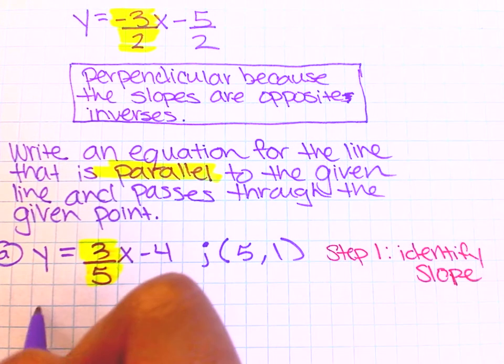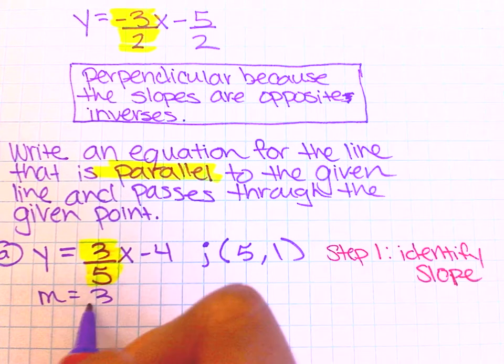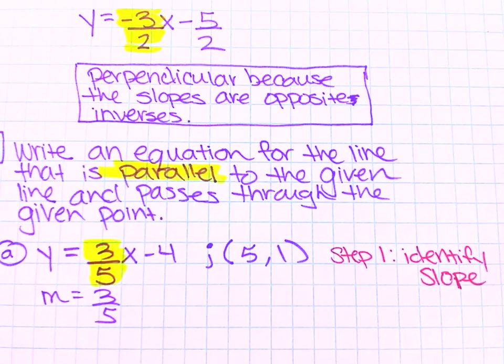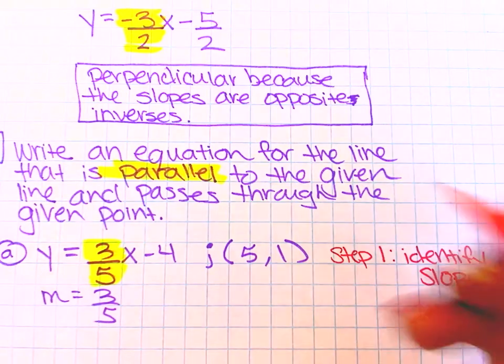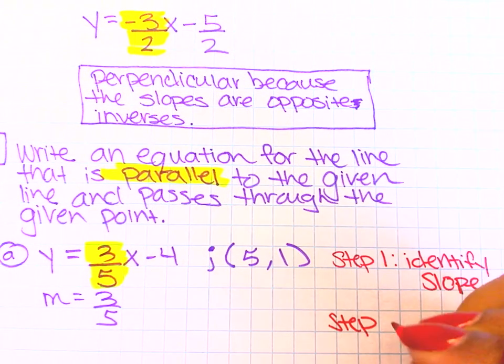So I know that my slope, m, equals 3 over 5. So that means that when I plug in this point to point slope form, the slope that I end up with needs to match 3 over 5. Okay? So step number 2, write down step 2.